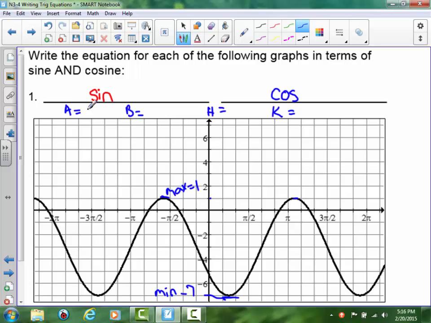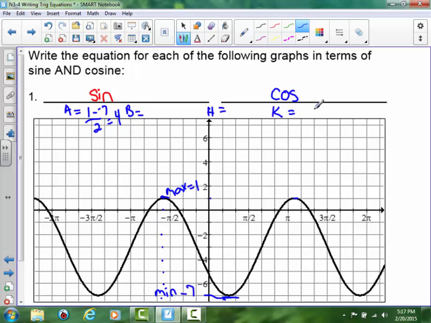So if I use that little formula, that's 1 minus -7 divided by 2, which turns out to be 4. Now, for those of you who are not big on formulas, remember you can still count, right? So 1, 2, 3, 4, 5, 6, 7, 8, and a is half of that. So that's where we're getting the 4.